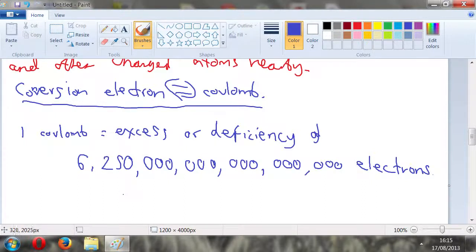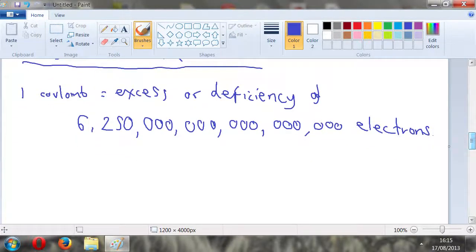So I think that's 6,000,000 billion. I would say that number is 6,250 million billion electrons.